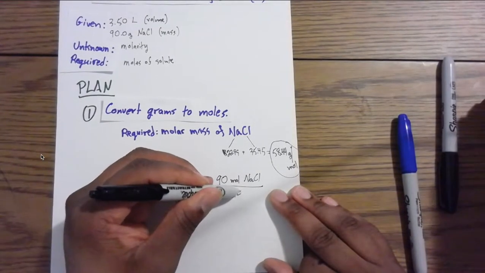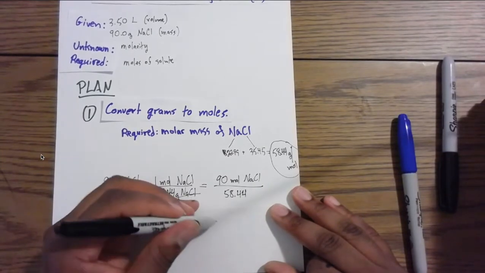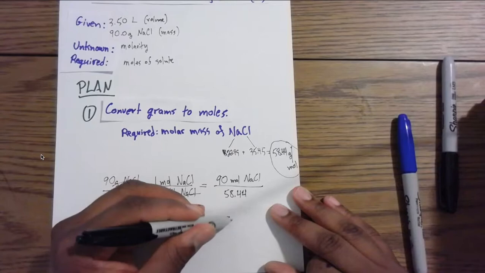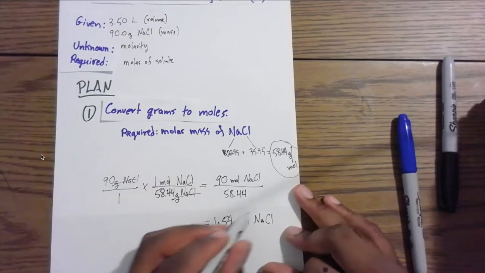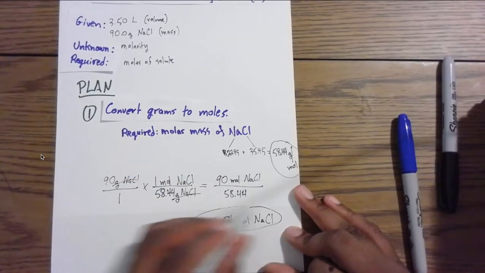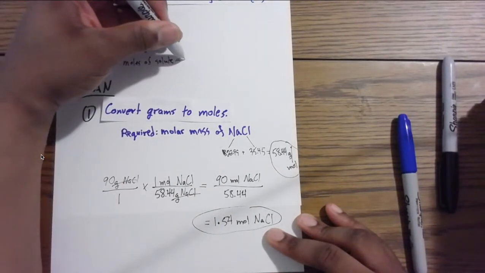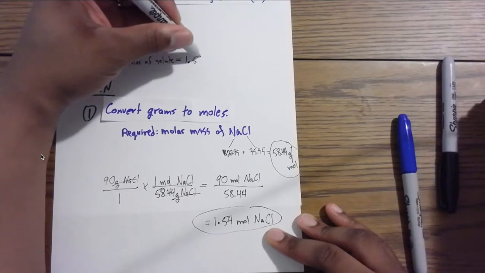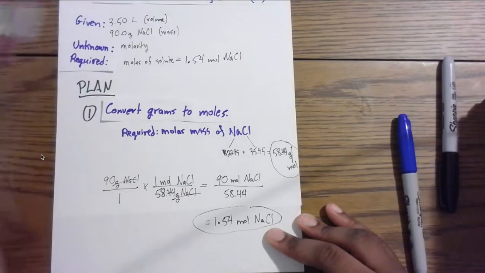When I finish solving that out, 90 divided by 58.44 equals 1.54 moles of sodium chloride. So now I just converted grams to moles, and I found the moles of my solute, which is actually required to solve this problem, which is 1.54 moles of sodium chloride.